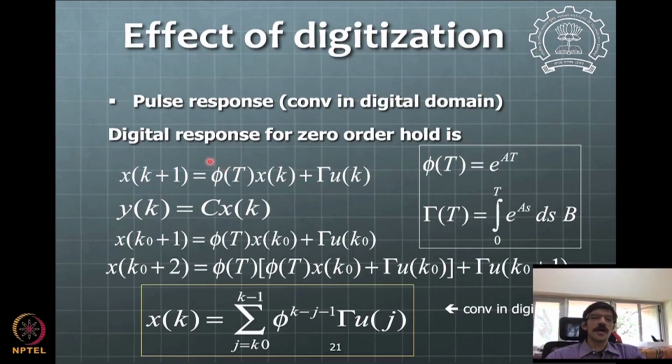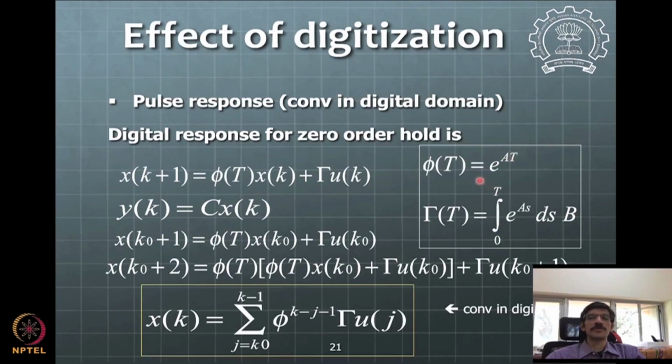Similarly, in this case, the eigenvalues of this phi matrix are going to be the poles of a discrete domain system, and this phi matrix is nothing but e to the power AT. So the eigenvalues of phi, or the poles of the system, are going to get mapped to e to the power pole times T.